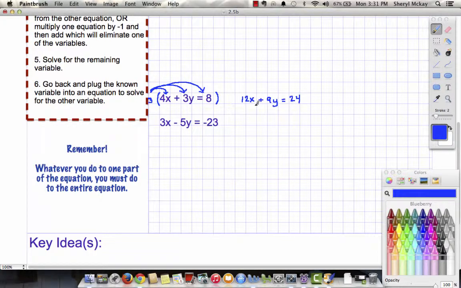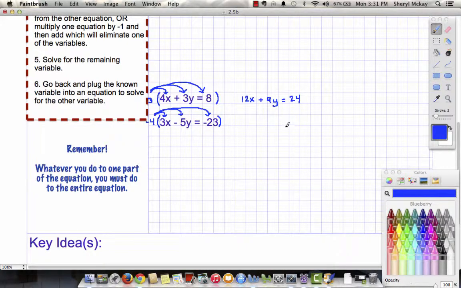Now that I have a positive x, I'm going to turn my other one into a negative 12x. So what do I have to multiply 3x by to get a negative 12x? Well, I have to multiply it by negative 4. So I'm going to multiply the 3x by negative 4, the negative 5y by negative 4, and the negative 23 by negative 4.